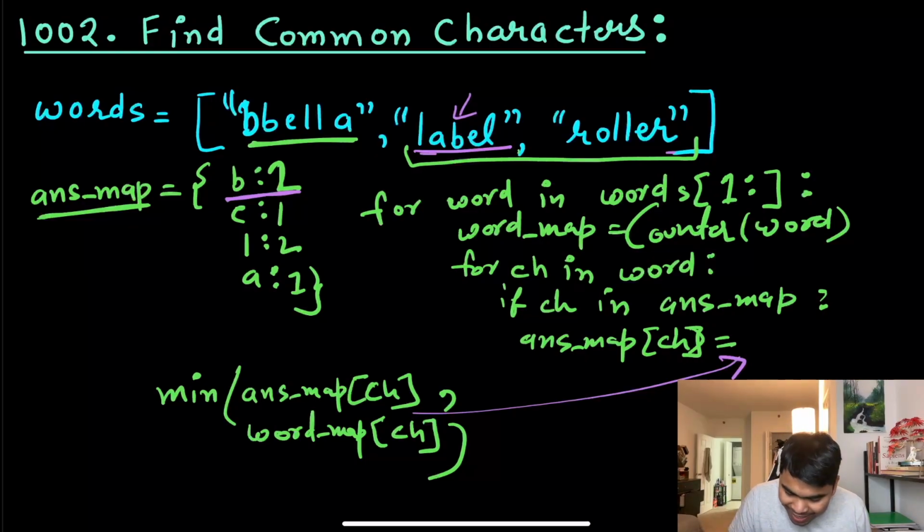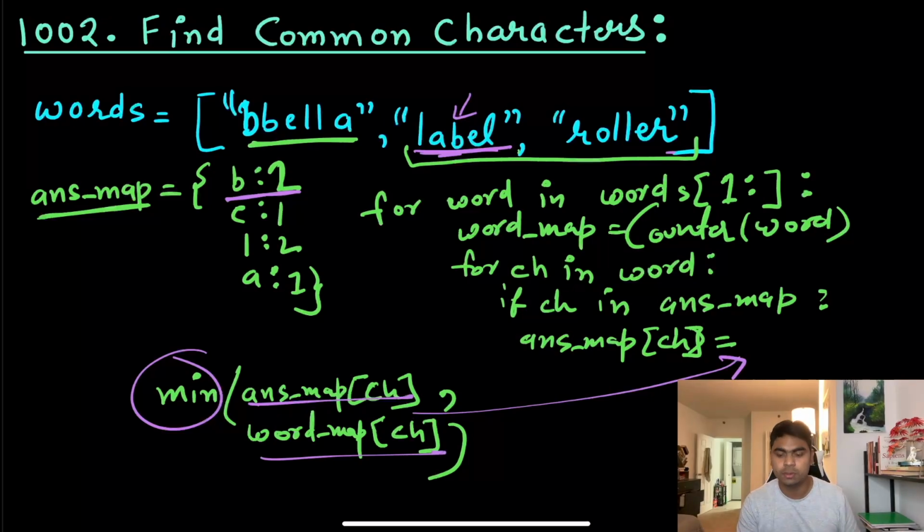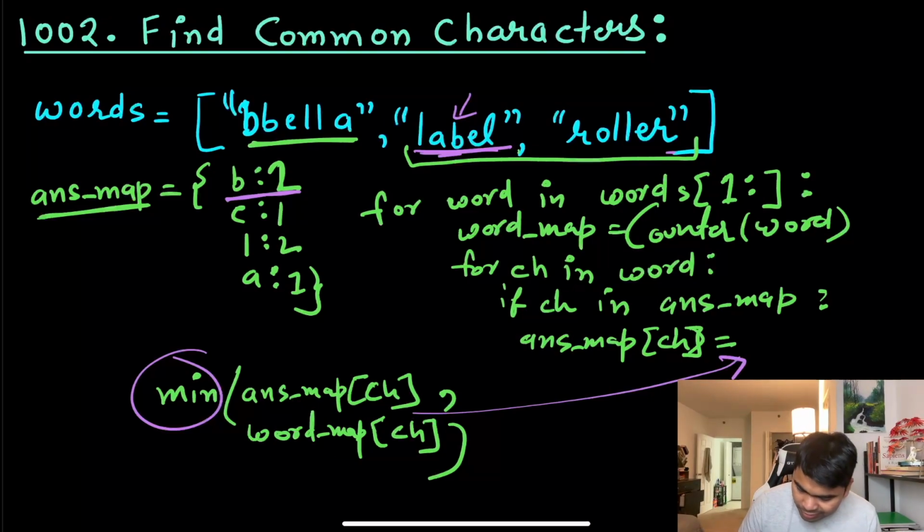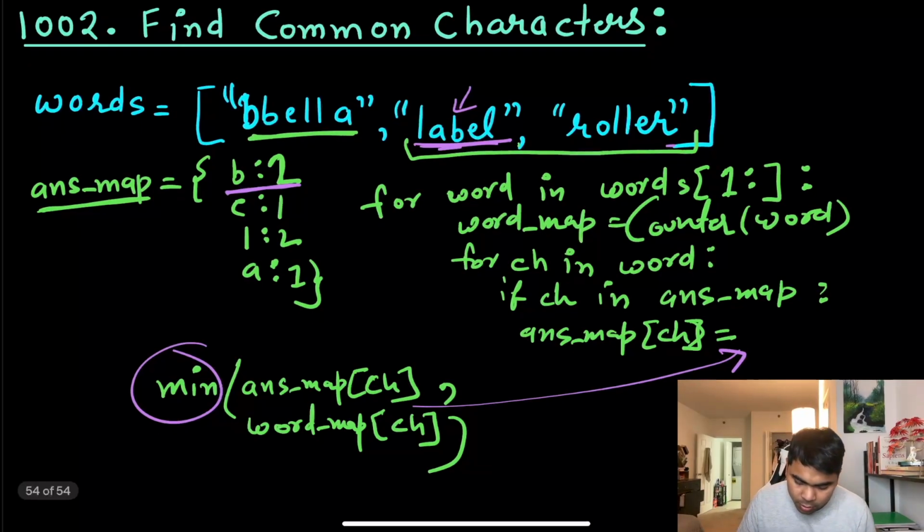So the max common between label and Babella is just 1 b. So that is why I'm choosing the minimum of these two values. So that is why this was one of the key lines of code.